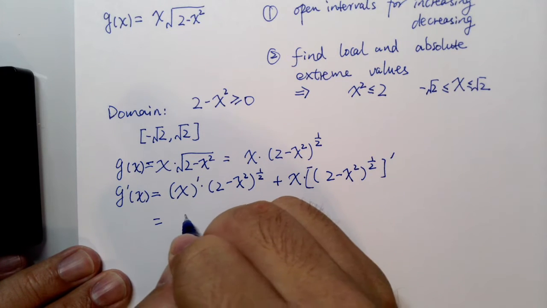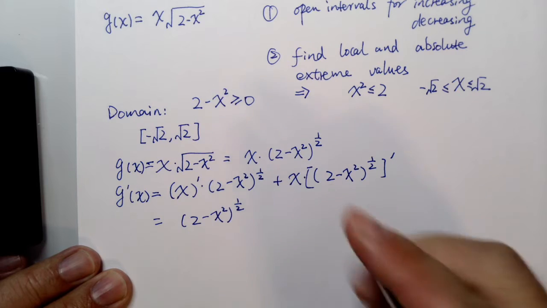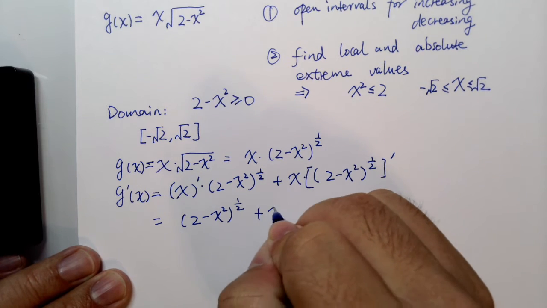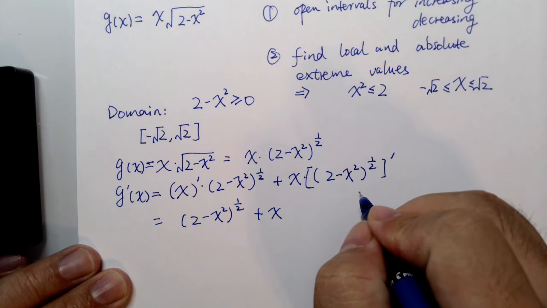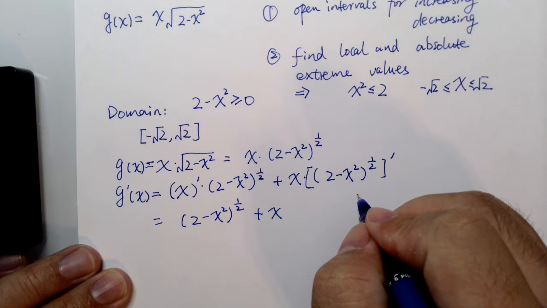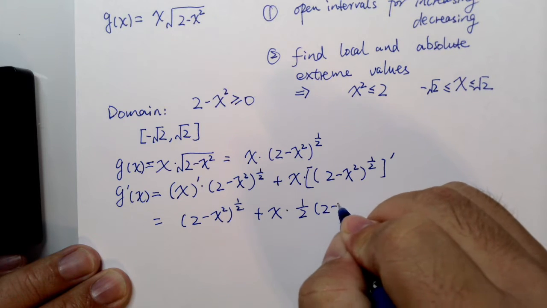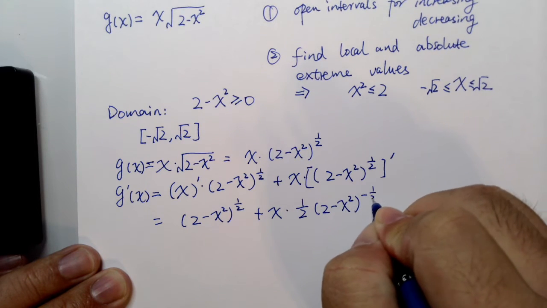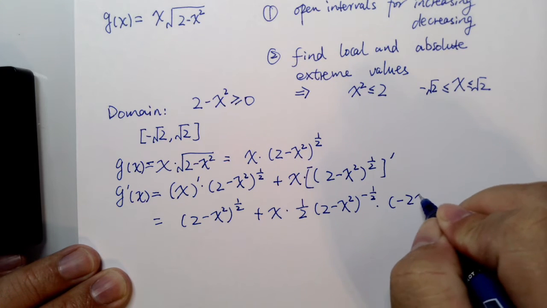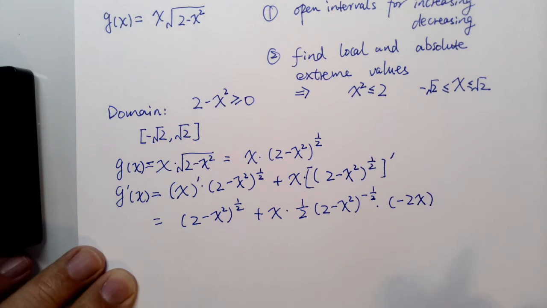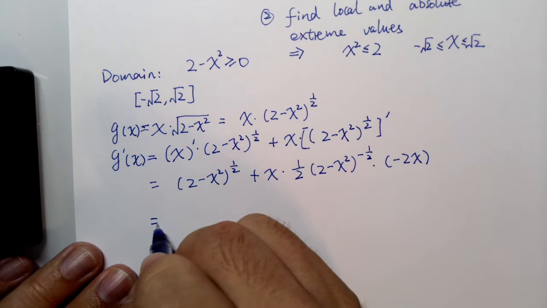That is 2 minus x squared to the power half, because the derivative of x is 1, and then plus x times, for this, you're going to apply what we call the chain rule, right? So that is half times 2 minus x squared to the power of negative half, and then times the derivative of the inside, which is negative 2x. Okay, negative 2x. So that's what we get.